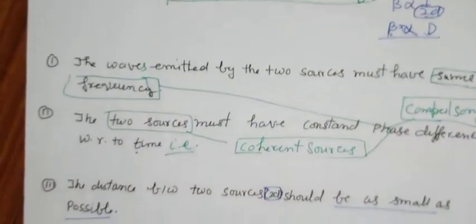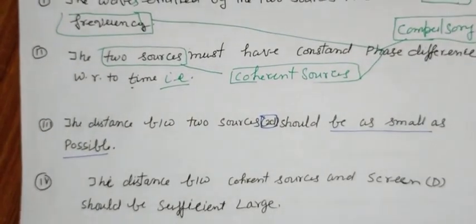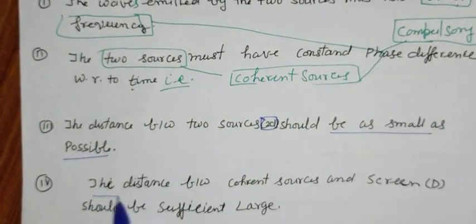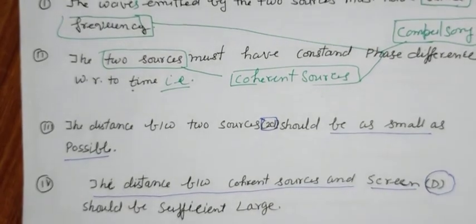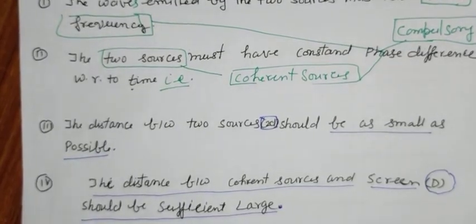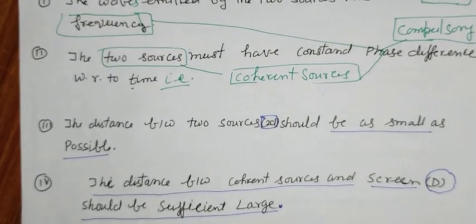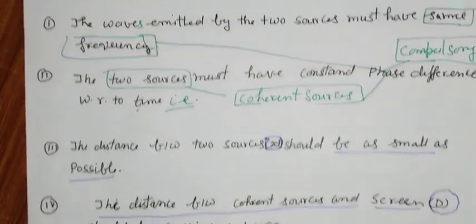That is the fourth condition: the distance between the coherent sources and the screen, denoted by capital D, should be sufficiently large.